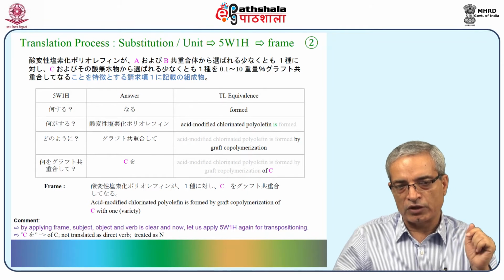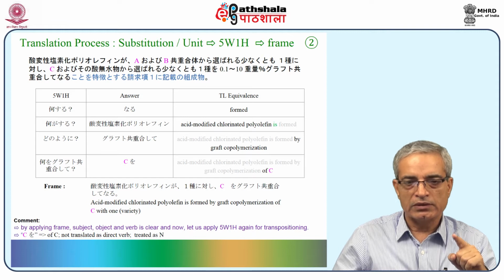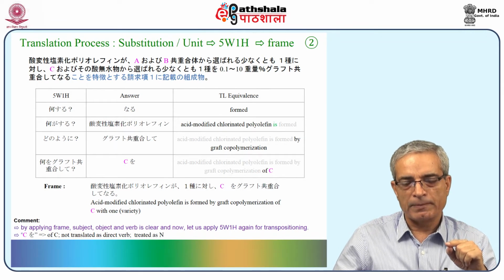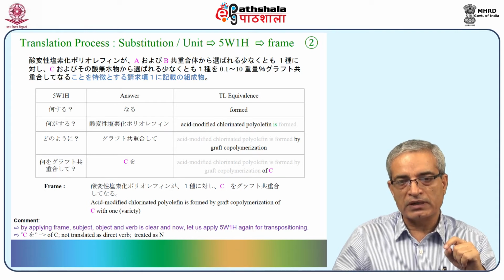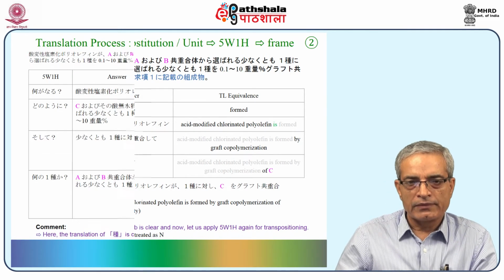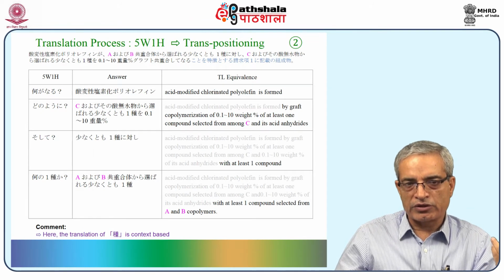So it's going as a direct object. In this particular case, it's not going as a direct object because this is not translated as a direct verb in English. It's polymerization. It's not polymerize C. If you make it a verb, then it is polymerize C.